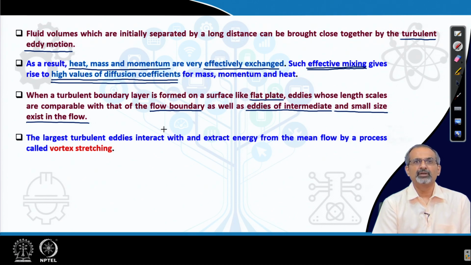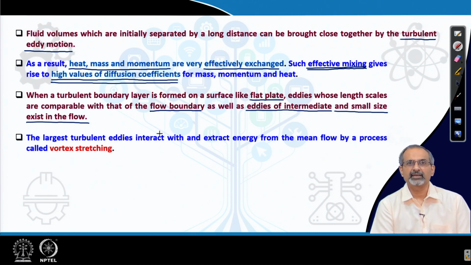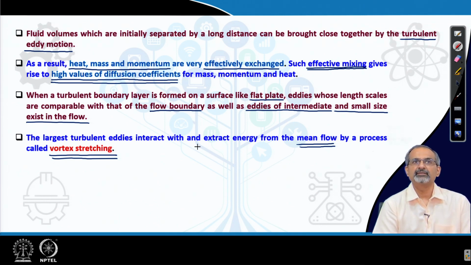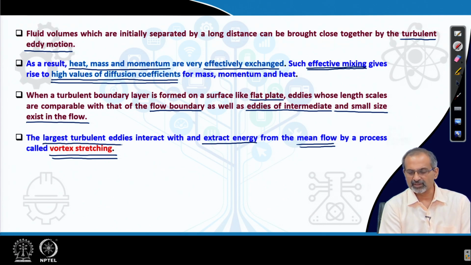The largest turbulent eddies interact with and extract energy from the mean flow by a process which is called vortex stretching. So, there must be some energy transfer in order to keep the turbulence sustained, and that energy essentially is extracted from the mean flow by the largest turbulent eddies.